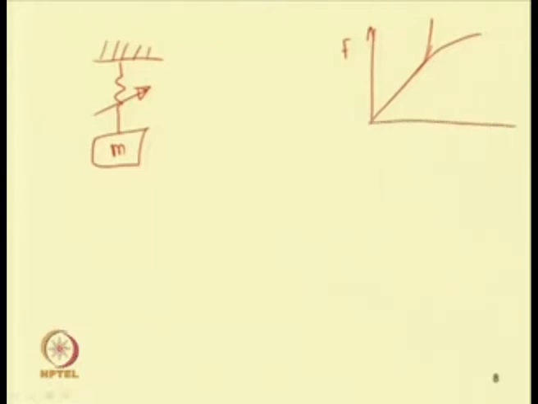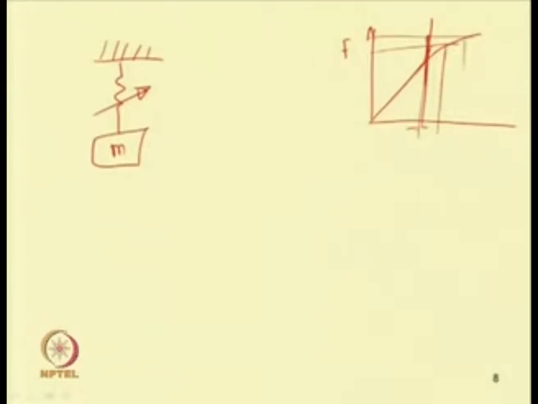So, let us take 2 points on this. So, this is one point and this is another point. For the small deflection, we have to apply a large force, and in this case, with the same forcing, let us take this force.